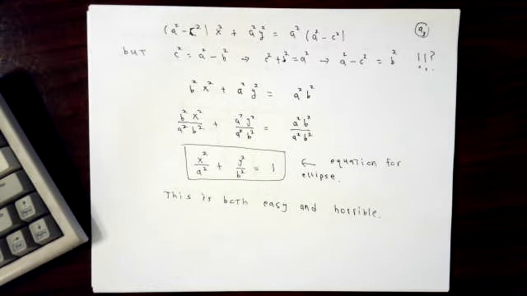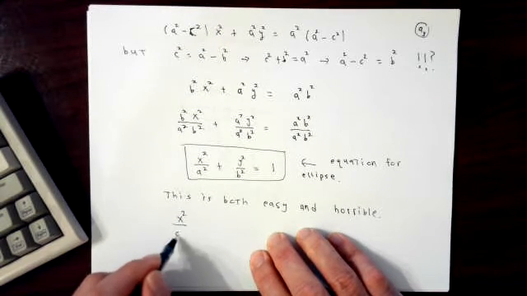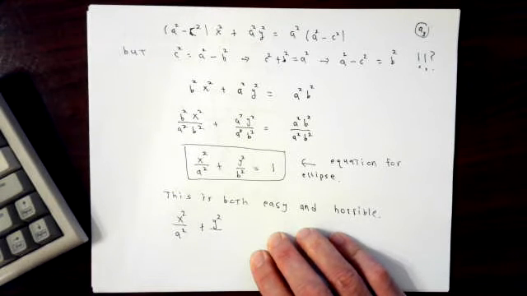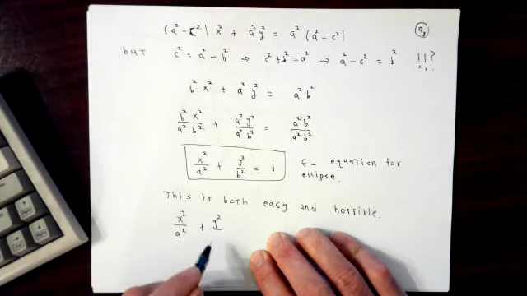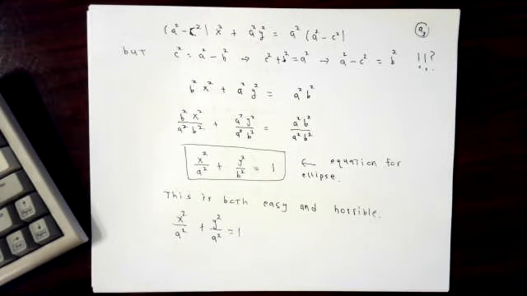Side comment, suppose a and b were the same number. X squared over a squared plus y squared over, if a and b were the same number, b squared would be a squared.